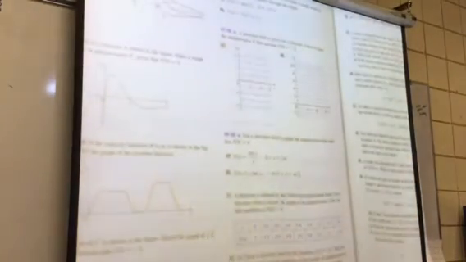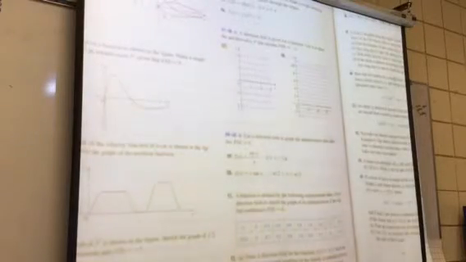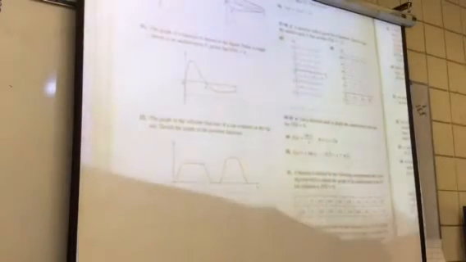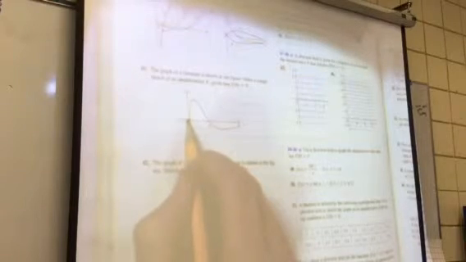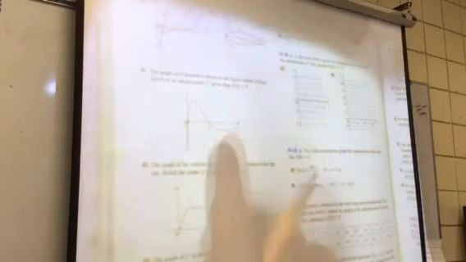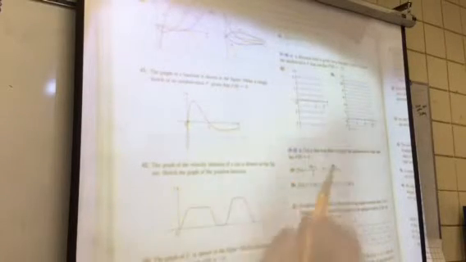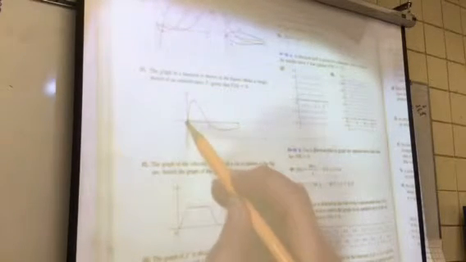Okay, so let's look at number 41 will be our last question. Make a rough sketch of the antiderivative f given that f of 0 equals 0. So that means you're going to start here. Doesn't that mean that this red graph is the derivative of what I'm drawing? Yes. So my derivative has what sign here?